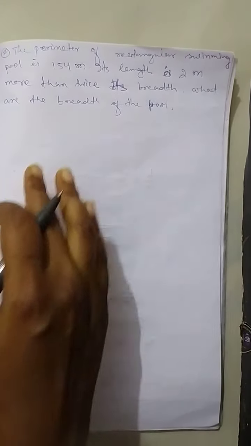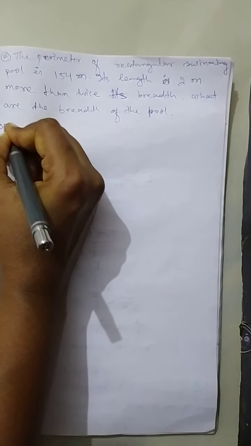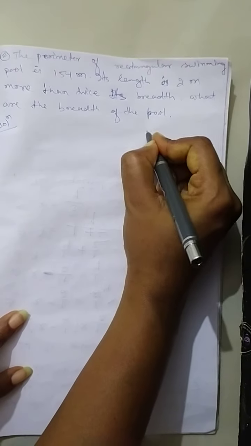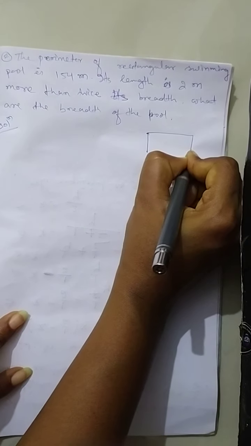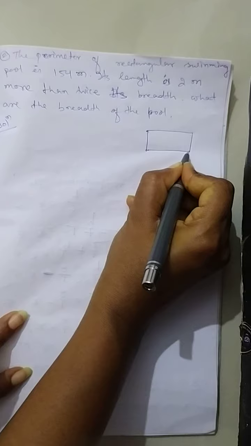Second question: the perimeter of a rectangular swimming pool is 154 meter. Its length is 2 meter more than twice its breadth. What is the breadth of the pool? First, understand the question. We have a rectangular pool.